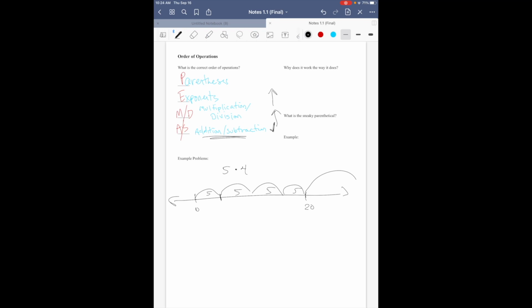So when we do the order of operations, we just work our way back to the basic building blocks of math. The basic building blocks was just that addition, subtraction, and all these are ways to do addition and subtraction of very large numbers or repetitive operations over and over again.